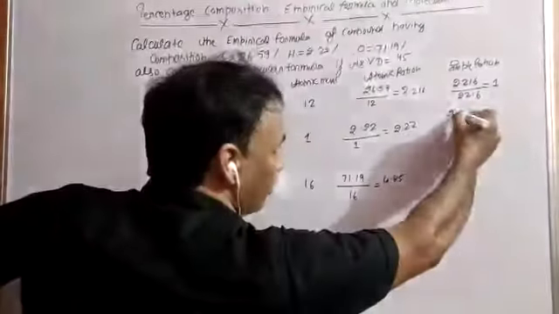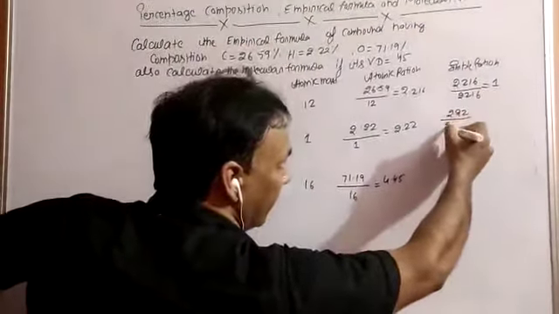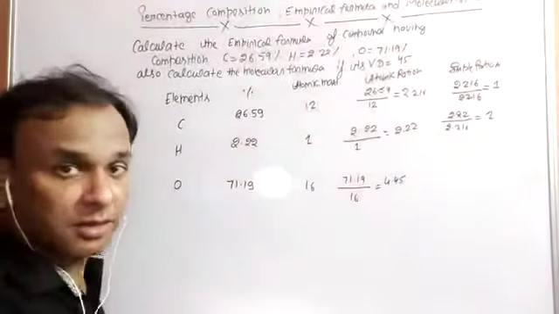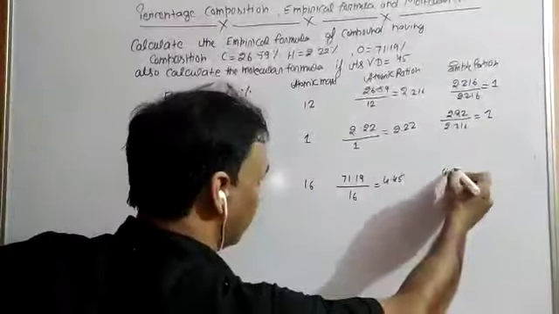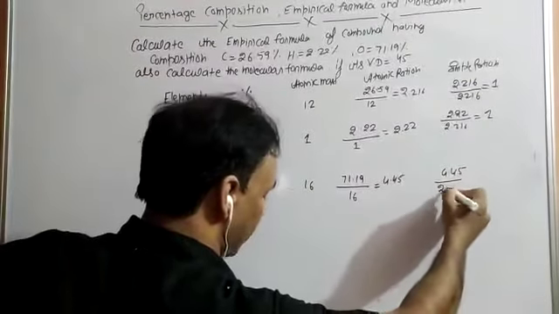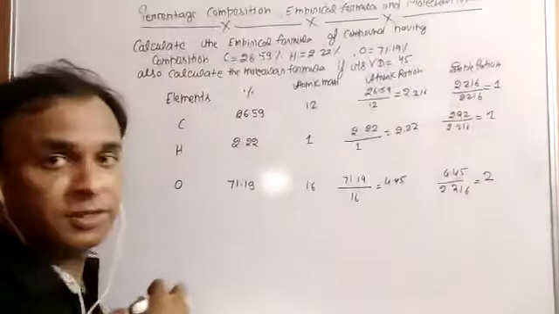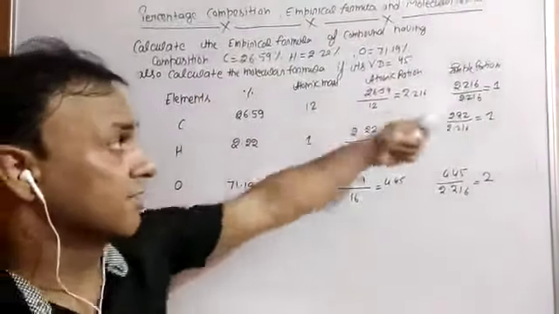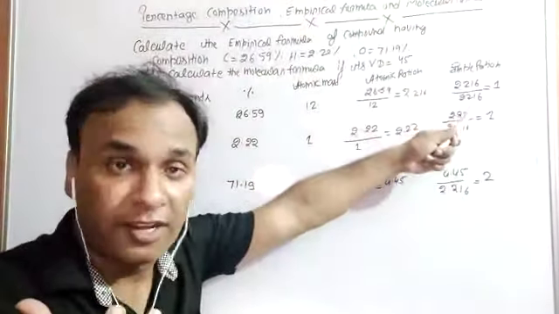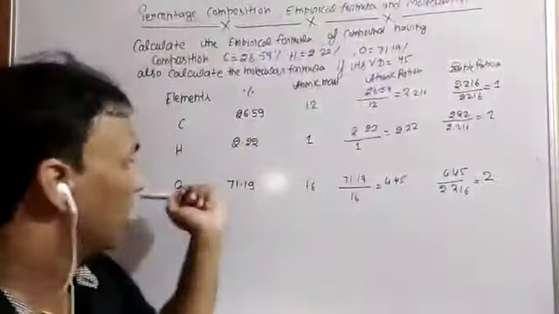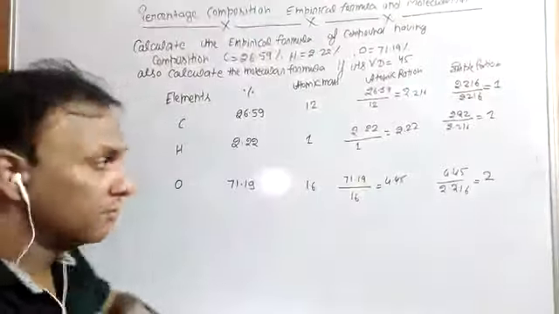Similarly, 2.22 divided by 2.216 is approximately 1. Clear? 4.45 divided by 2.216 is approximately 2. This is the simple ratio of atoms, means carbon 1, hydrogen 1 and oxygen 2.